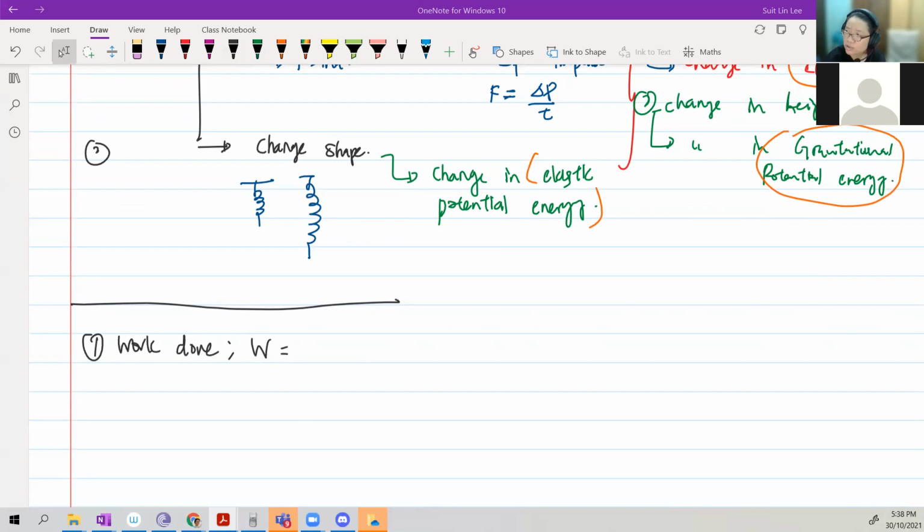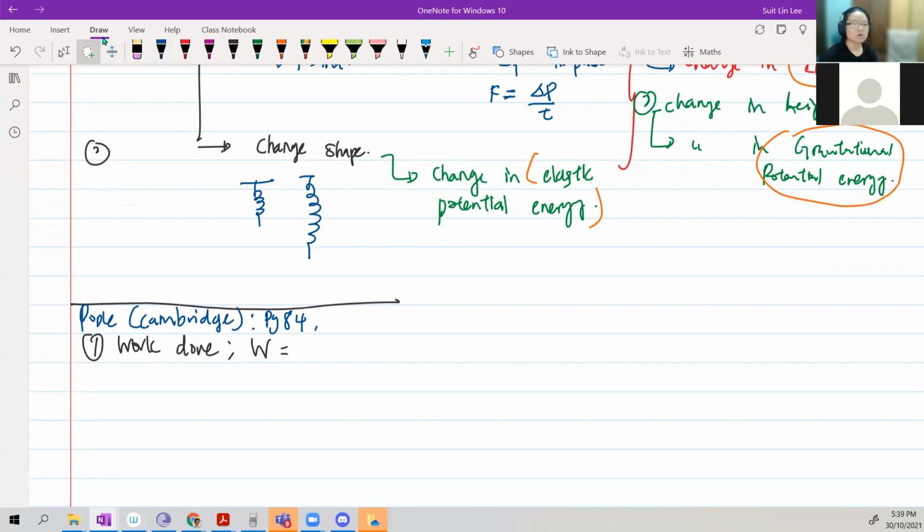So I'm going to refer to your textbook for this. The textbook is published by Cambridge, and I'm looking at page 84.